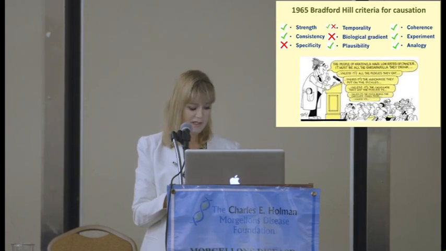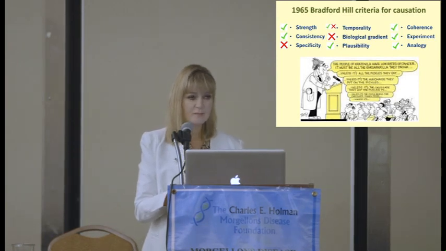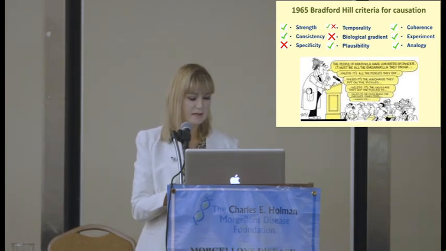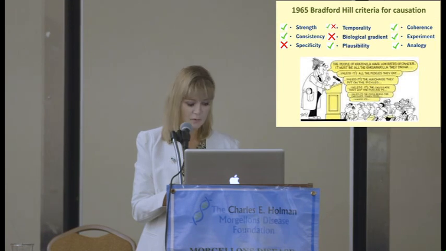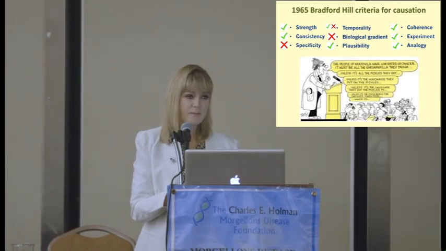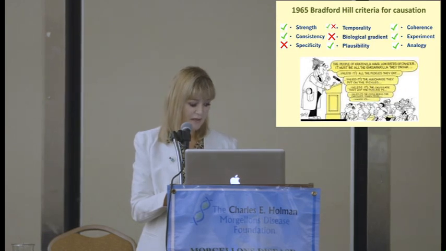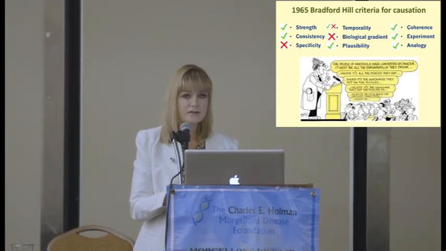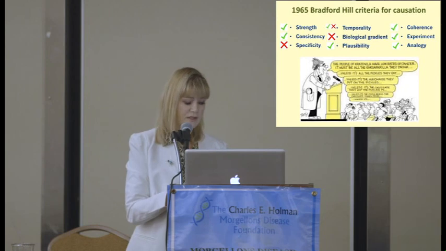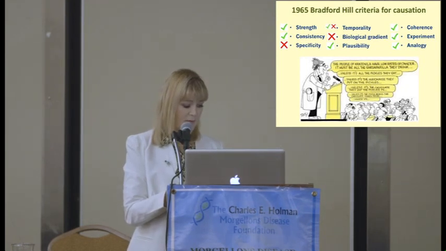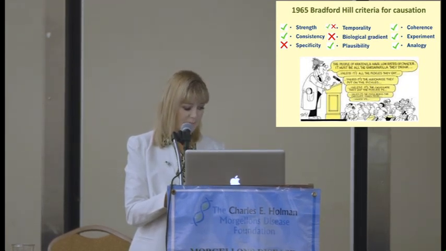Specificity. Causation is more likely if exposure causes only one disease. So this criterion is not suitable for many microorganisms. Borrelia infections are complex multi-system illnesses, and they affect individuals in different ways, and they often mimic other diseases. So secondary etiologic factors, such as co-infections that individual patients may have, can complicate the disease process.